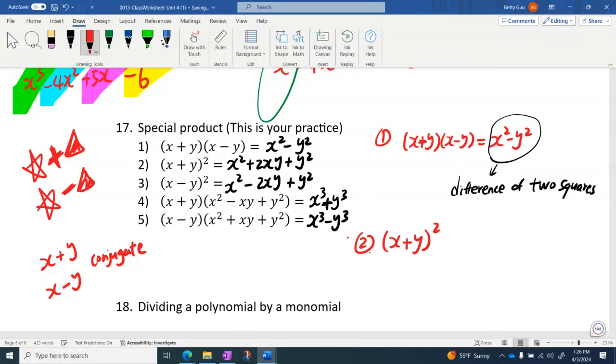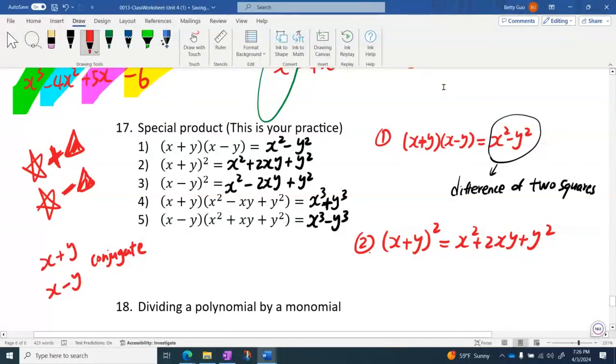x plus y to the power of 2 gives us x squared plus 2xy plus y squared. And we have a name for the expression on each side of the formula. This is x plus y to the power 2.